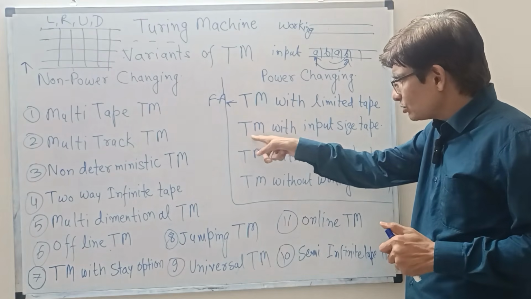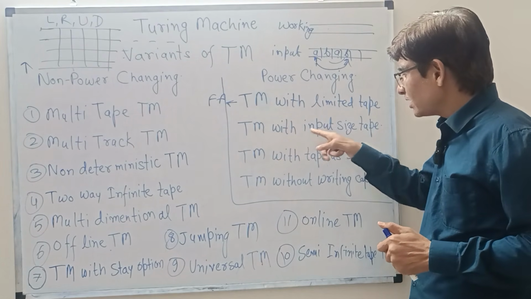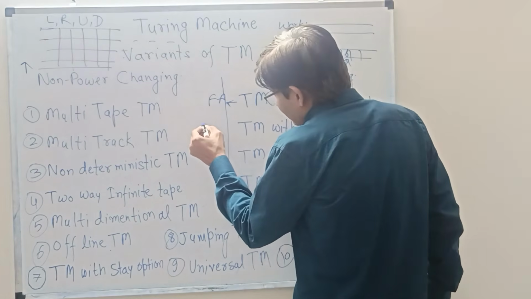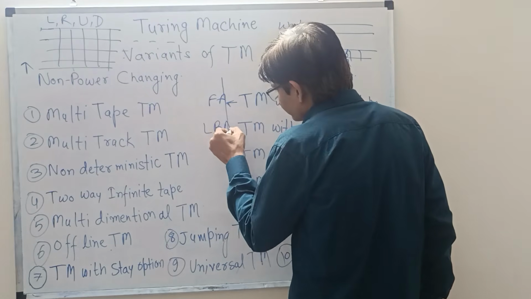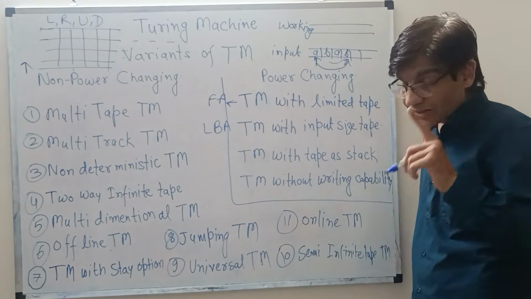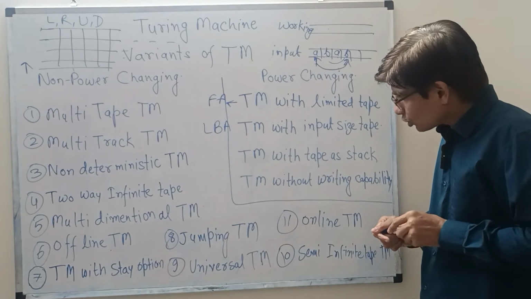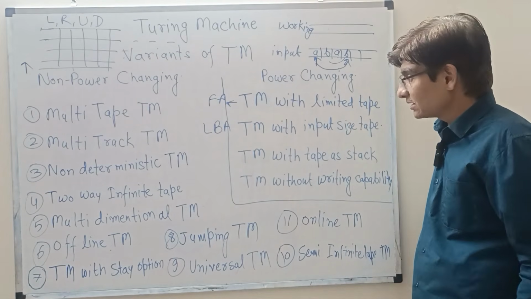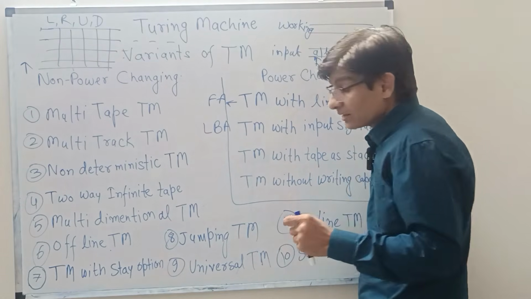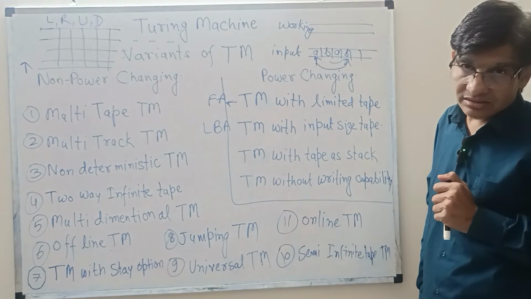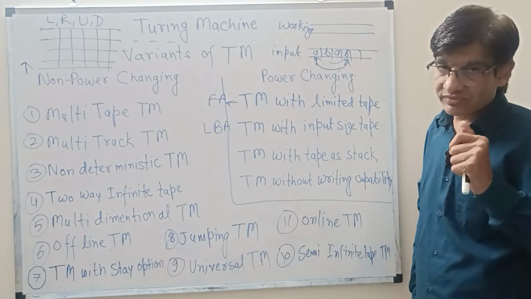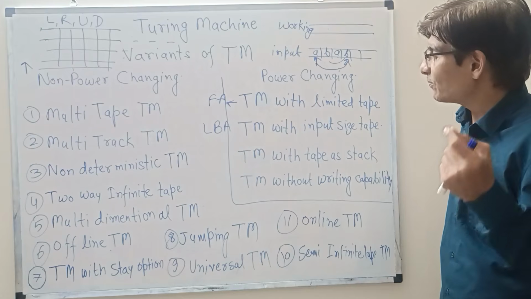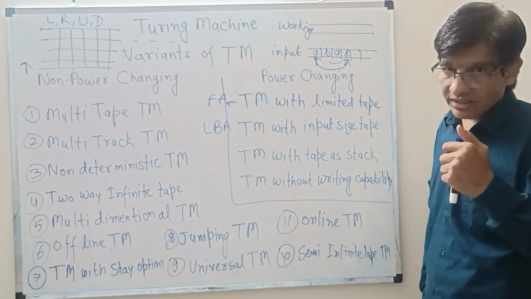When the Turing machine has input size tape, it will work as linear bounded automata. We have not covered linear bounded automata in this playlist because it is used in type 1 languages, which are known as context sensitive languages or context sensitive grammar.